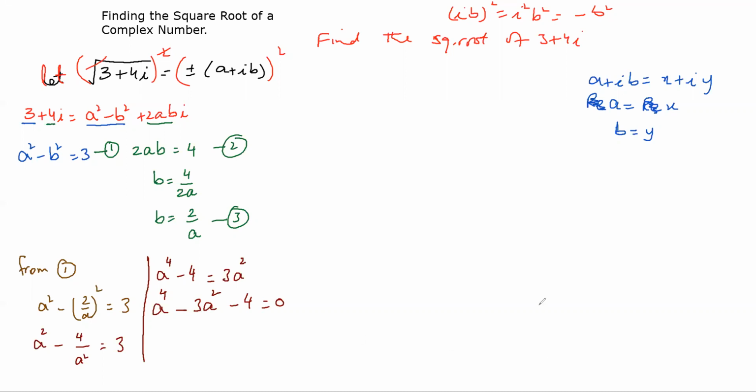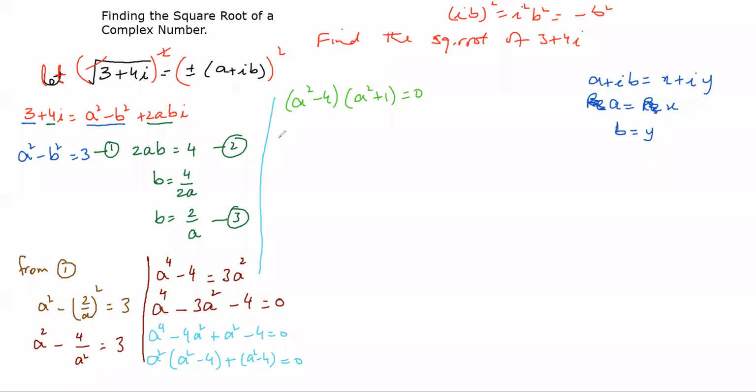So this will give me a raised to power 4 minus 4a square plus a square minus 4 equal to 0. a square is common from here: a square into a square minus 4, plus a square minus 4, equal to 0. That gives us a square minus 4 into a square plus 1 equal to 0. So we have a square equal to 4 or a square equal to minus 1.